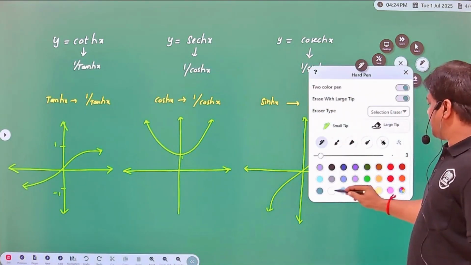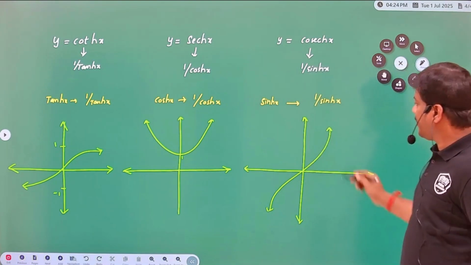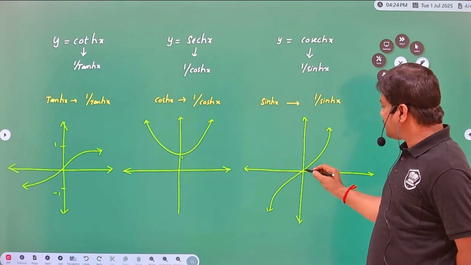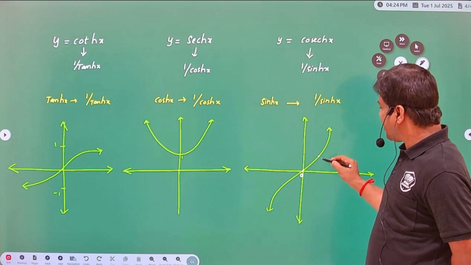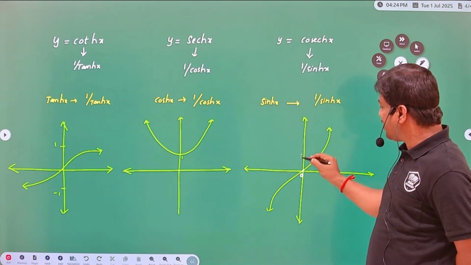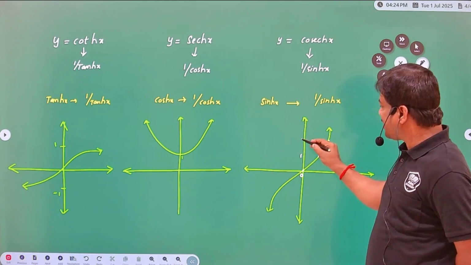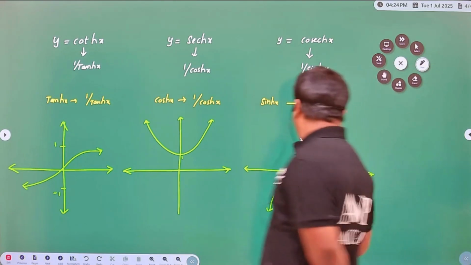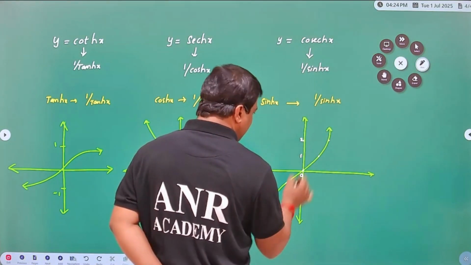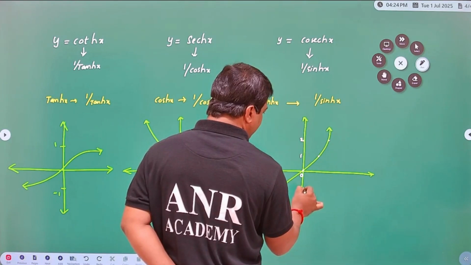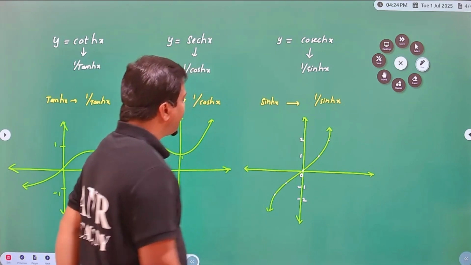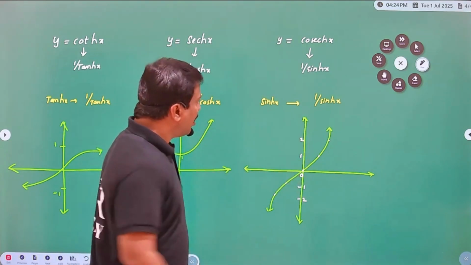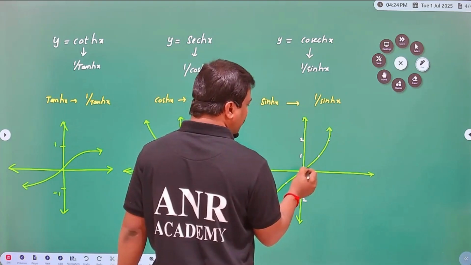Now observe the graphs of their reciprocals. Sin hx output 0 here, 1, suppose that is 2. Next here -1. Output values I am going to write -2. Here we have to transform from sin hx to reciprocal.